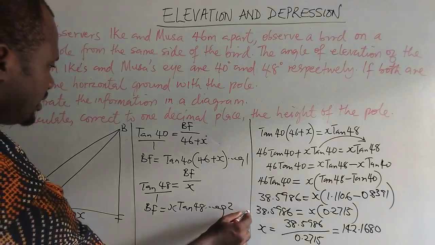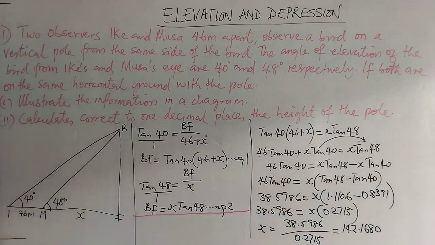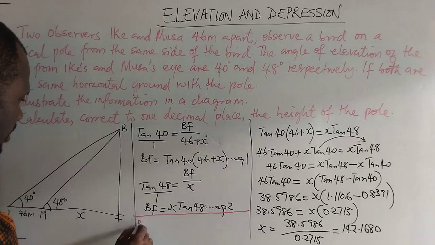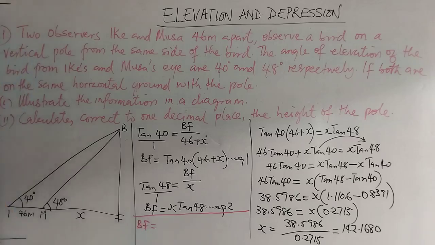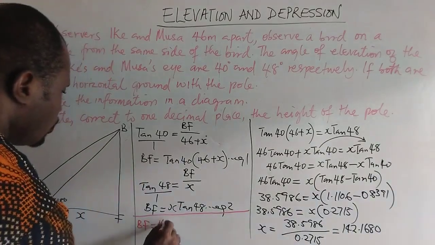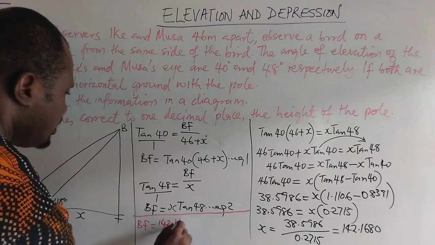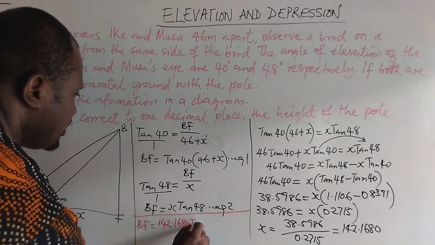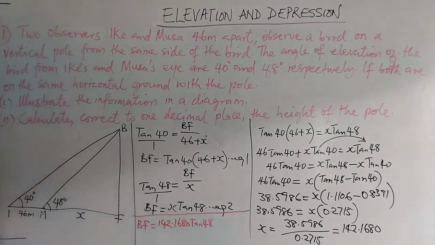Now, writing it here, using equation 2, I will now write BF is equal to, our x is 142.1680 tan 48.